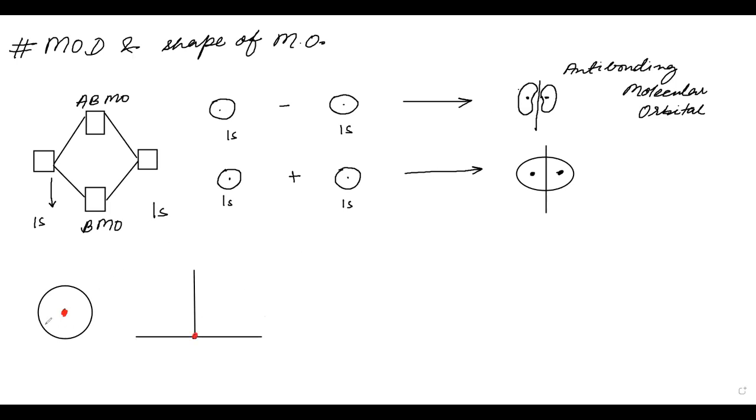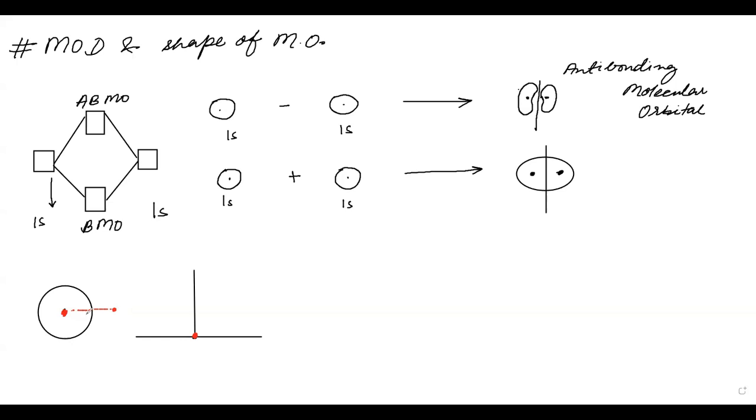So what do you think, Mariam? If we move from the nucleus to this particular border, what will happen? The probability, the electron density: here the electron density is very low, correct?